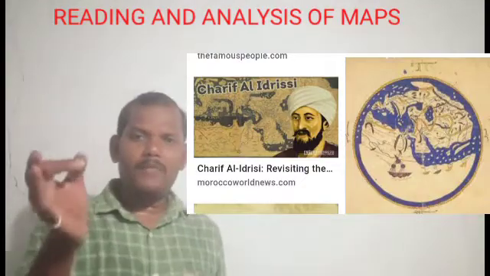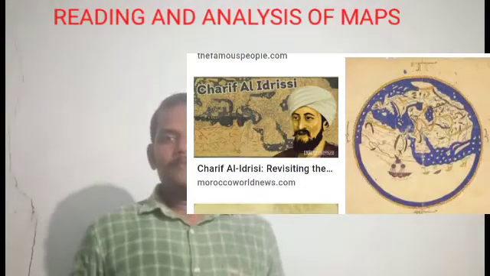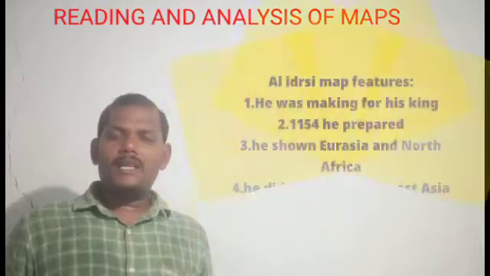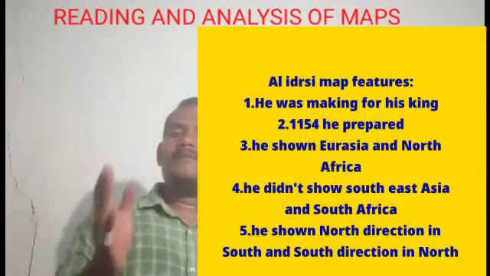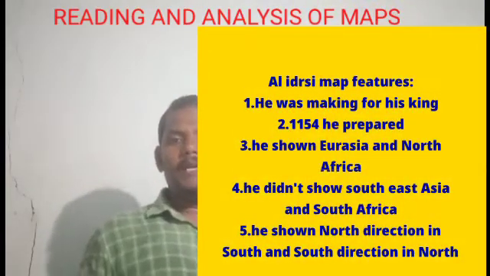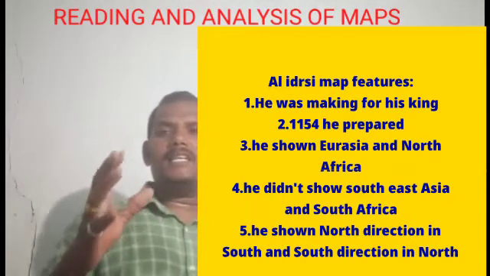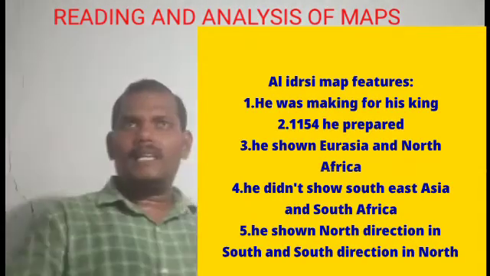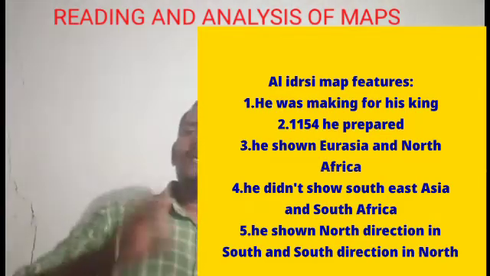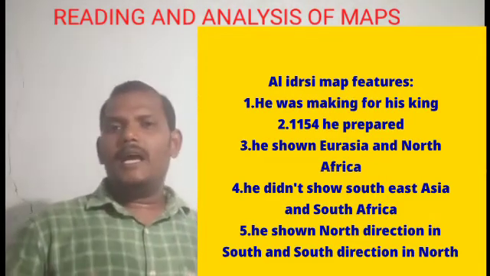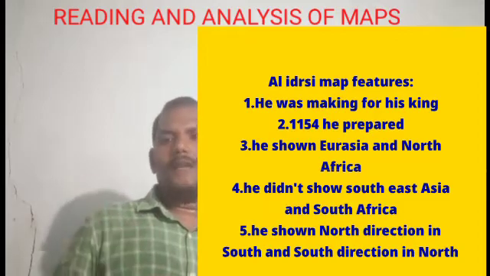Right? This is the map of Arabians. Once I recall this, Arabians prepared the maps with the help of descriptions of Ptolemy. And the great Arab map maker Al-Idrisi prepared the map for his king, and he showed the Eurasia continent complete and North Africa.